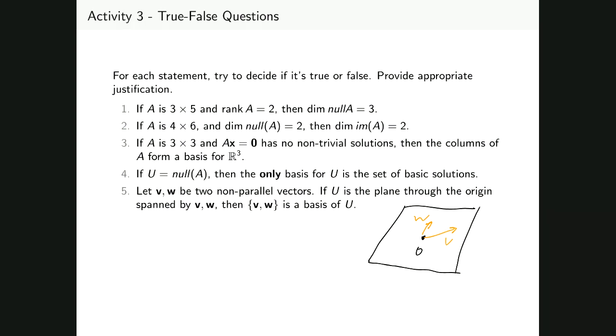And that's true, right? Because U is defined to be the span of those two vectors. Every element in that span can be written as a linear combination of those two guys.